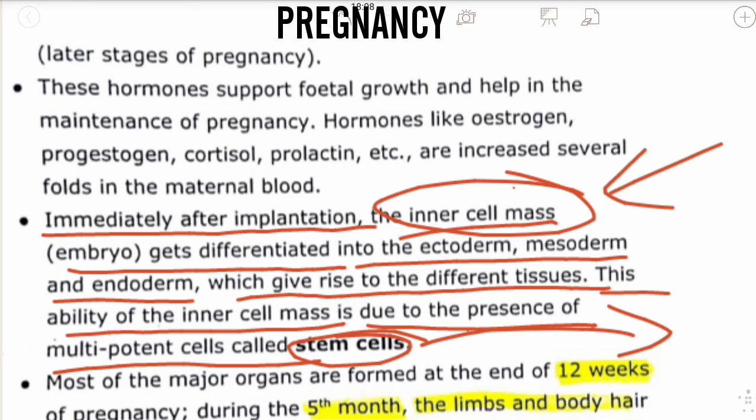Due to the presence of the stem cells, the inner cell mass can be converted into ectoderm, mesoderm and endoderm, which give rise to the different types of tissues. There are different cell types such as pluripotent, multipotent, unipotent and totipotent formed by the stem cells.